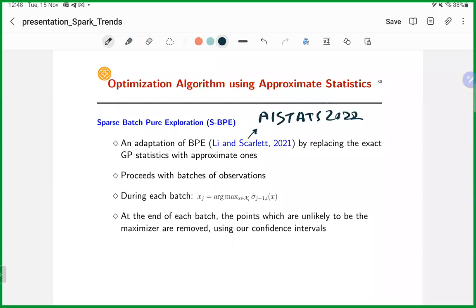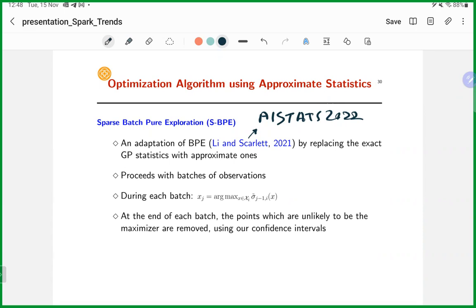So basically, we take an algorithm for the classic Bayesian optimization, and then we just replace their exact GP statistics, exact mean and standard deviation, with the approximate ones, and we provide an analysis of this approximate algorithm.